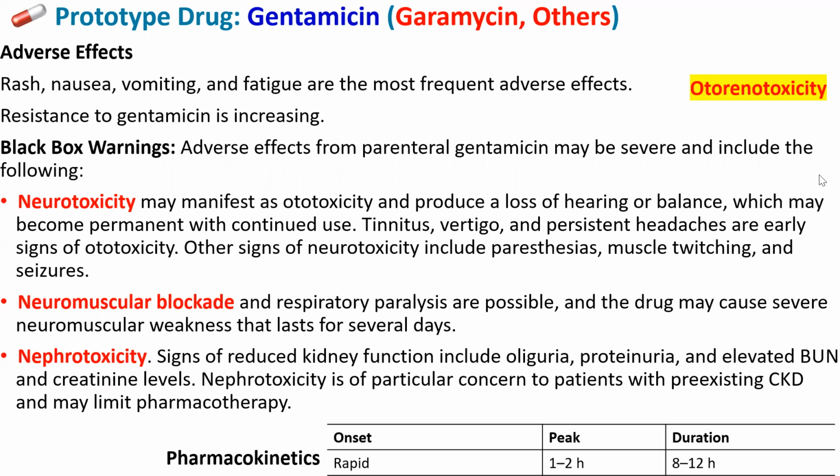As with other aminoglycosides, certain adverse effects may be severe. Increasing resistance to gentamicin has been shown lately, and some cross-resistance among aminoglycosides has been reported as well.